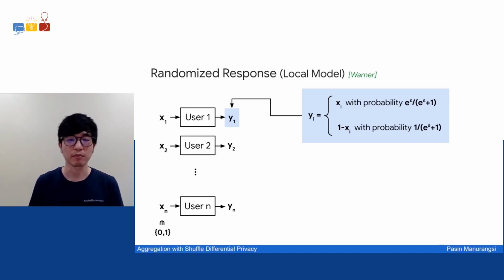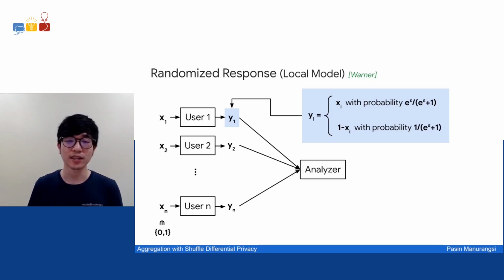And with the remaining probability 1 over e to the epsilon plus 1, it sends 1 minus its own input. So it flips its input. And the point here is that the ratio between these two probabilities is only e to the epsilon. And this is why the algorithm is epsilon differentially private in the local model. Now, what does the analyzer do?